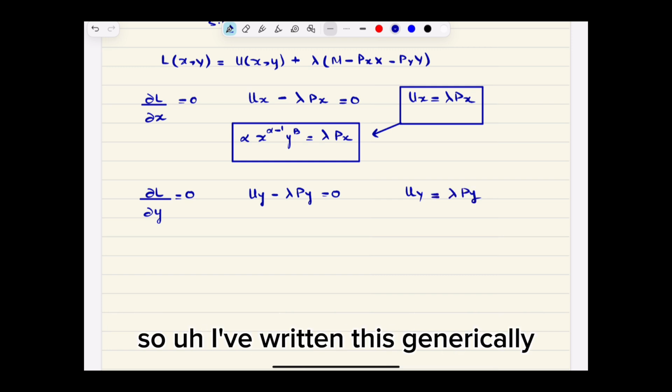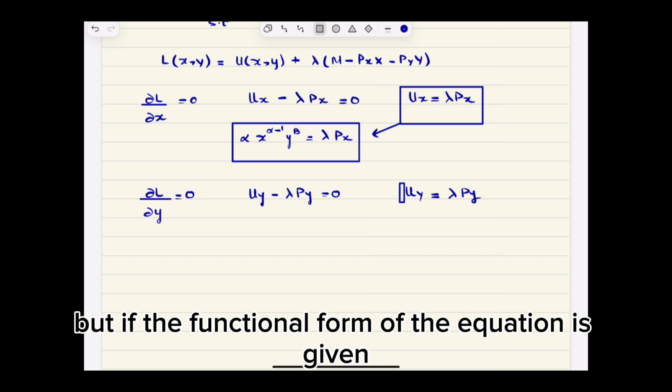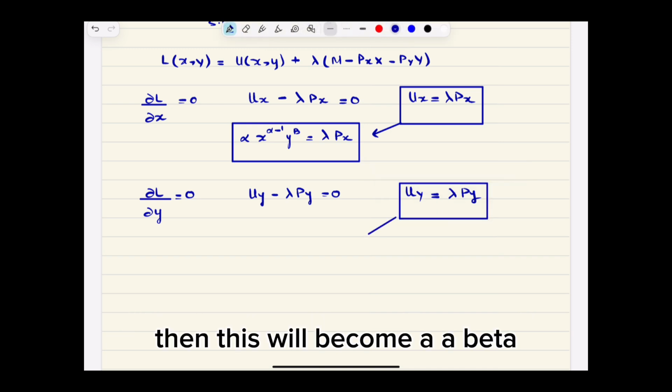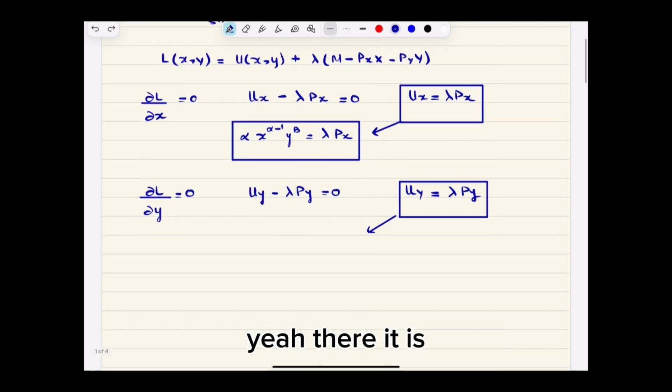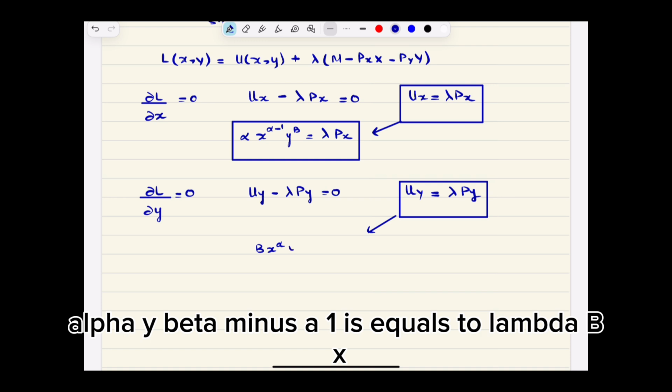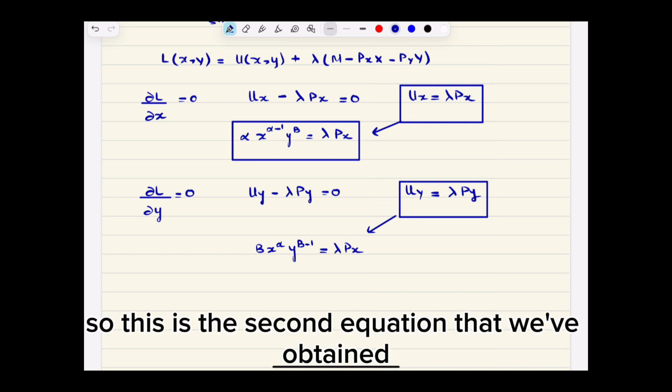I've written this generically, but if the functional form is given, then this will become beta. Where was the utility function? Yeah, there it is. We have beta x^alpha y^(beta-1) is equal to lambda py. So this is the second equation that we've obtained.